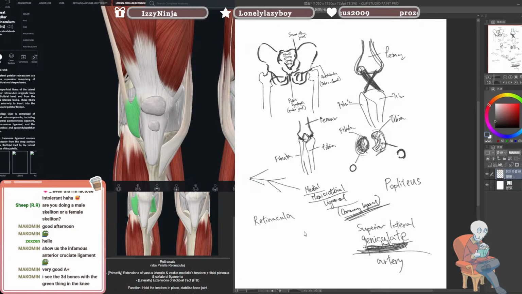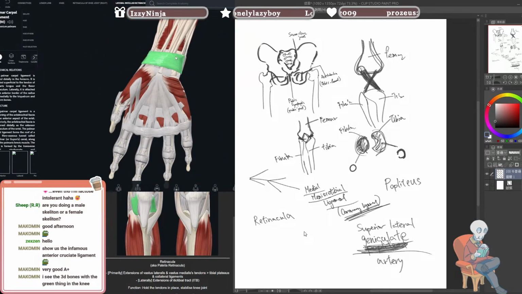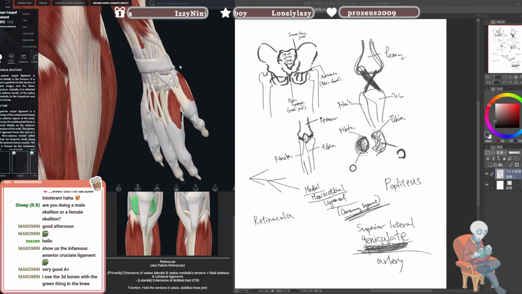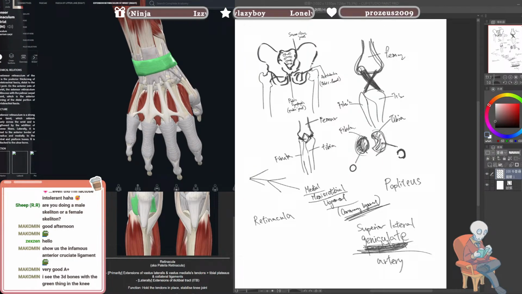For example, around the wrist area of your hand, this is also called a retinaculum. It's called the palmar carpal ligament. But they can also say it is a flexor retinaculum, and the one behind it is an extensor retinaculum.